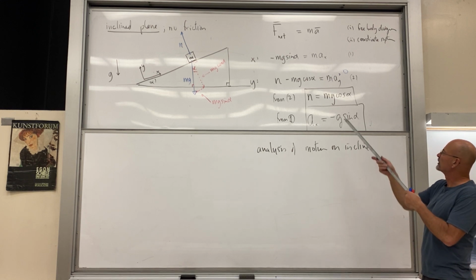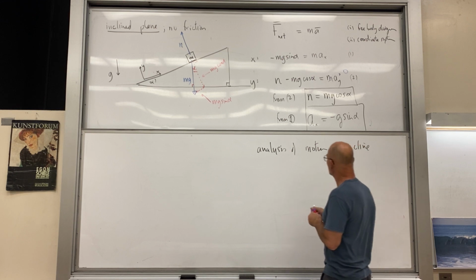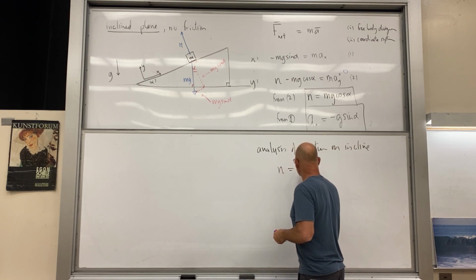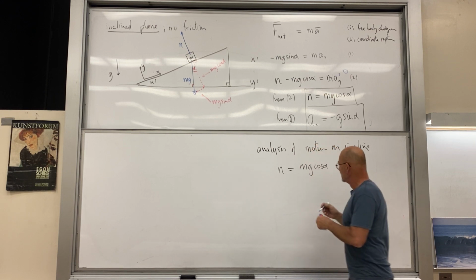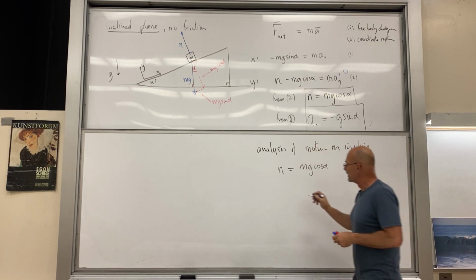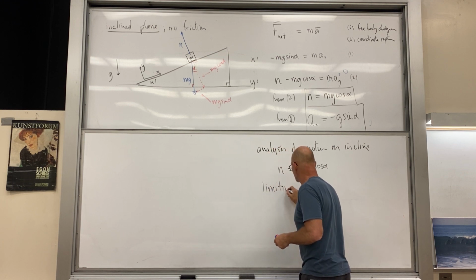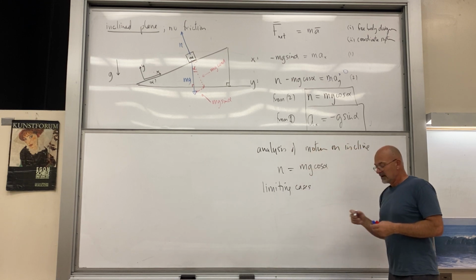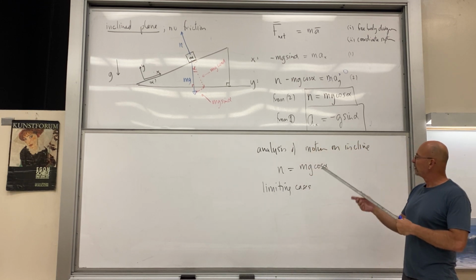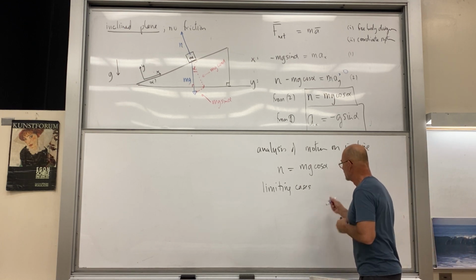We're going to start with this first equation, the normal force. I'm just going to rewrite it here and talk about the limiting cases, mg cos alpha. Limiting cases, that's worth putting down as terminology. The first limiting case, suppose alpha equals 0.